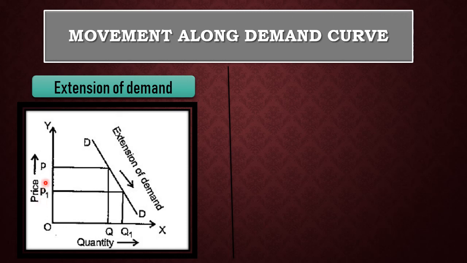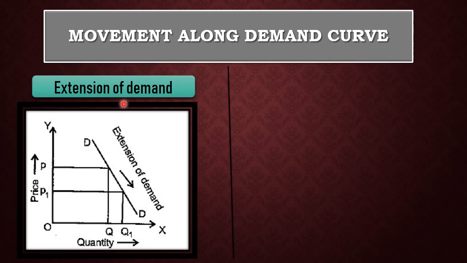If there is a decrease in the price, starting from P and then it's P1, the price decreases, then what is the effect of that? The demand also increases from Q to Q1. There is an increase in the demand also, and this is the case of extension.